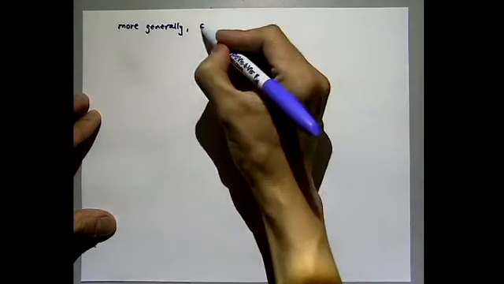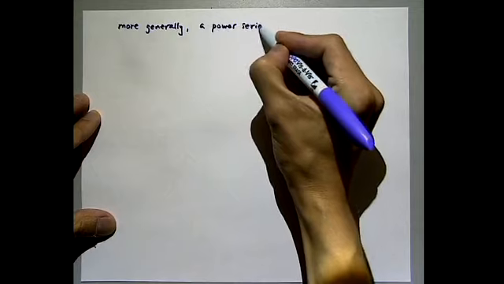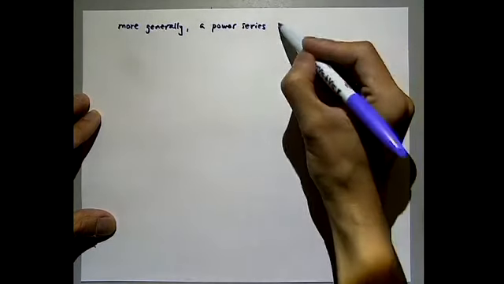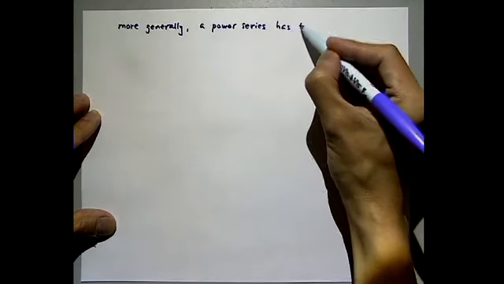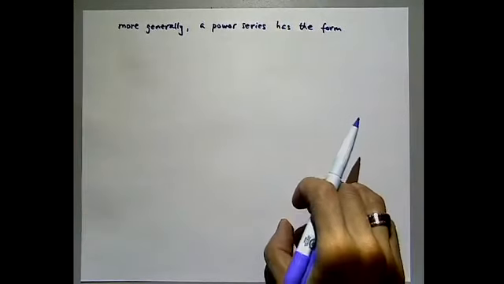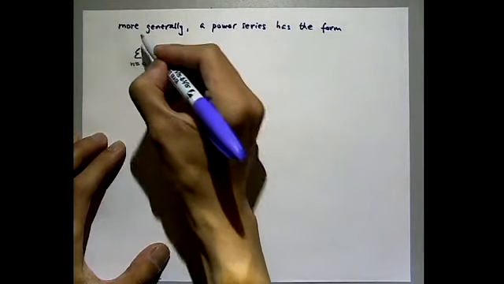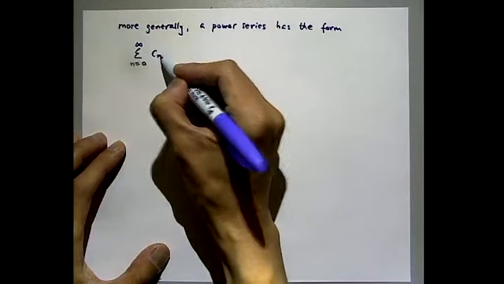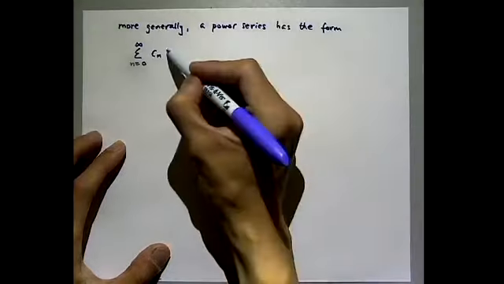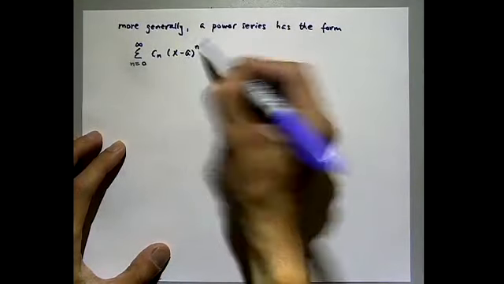More generally, a power series can include one more parameter in there. So instead of just x to the n, we're going to have x minus a, the quantity to the n.